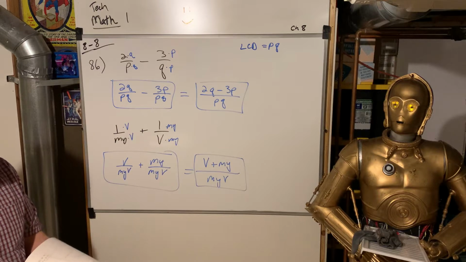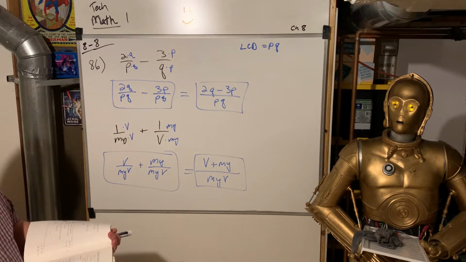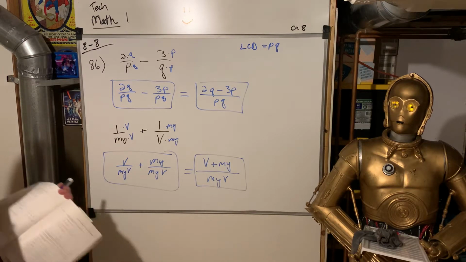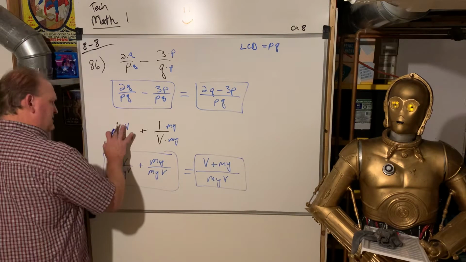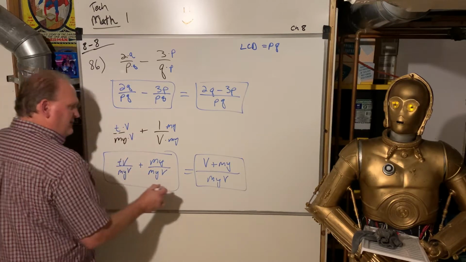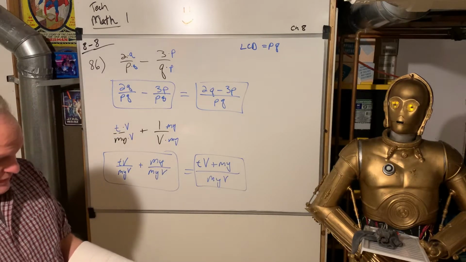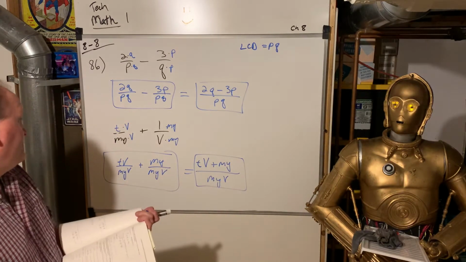So, oh wait, that was a T, not a 1. Sorry. I was like, where did they get a T from? So that was TV. That's where they got the T from. All right.